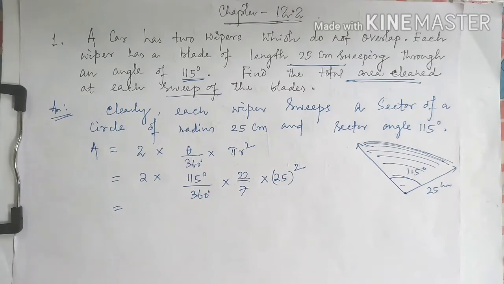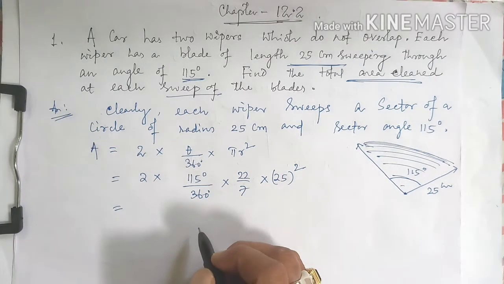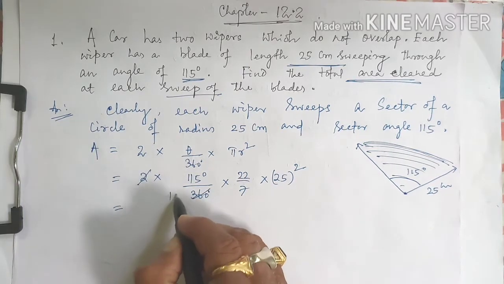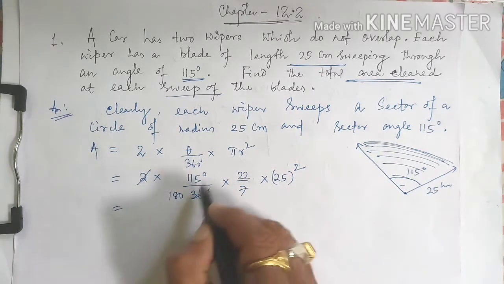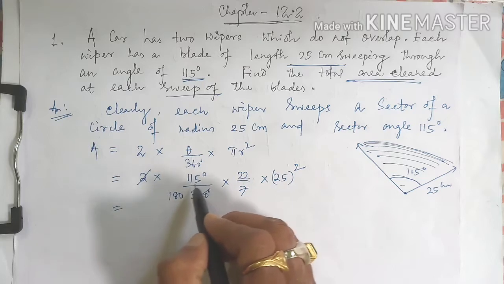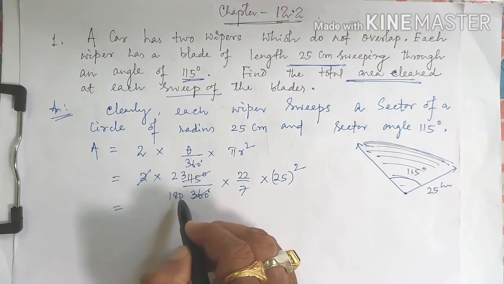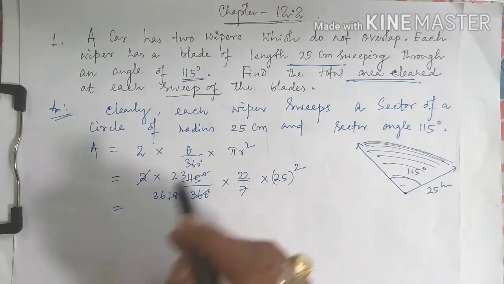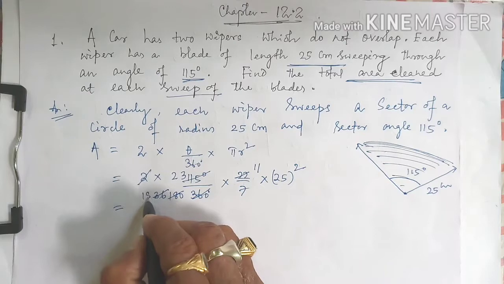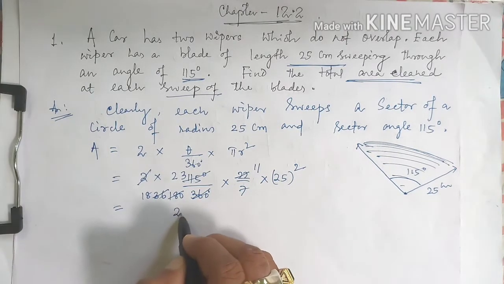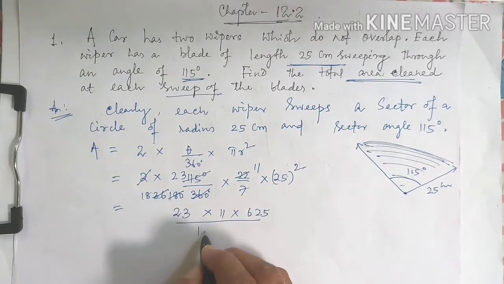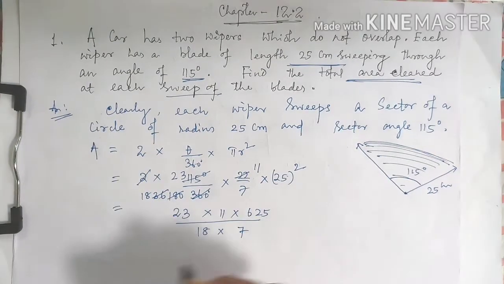Okay students, by cancelling we can do it like this: cancel 2 here, we will get 180, and by cancelling here, 5 2s are 10, 5 3s are 15, 6 6s are 36, and 2 11s and 2 9s are 18, so it is 23 into 11 into 625 divided by 18 into 7.